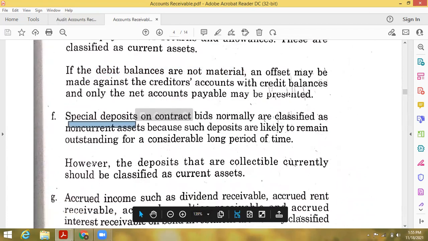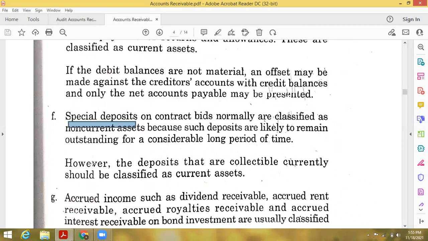So here, you are being taught what to do. In accounting or auditing, you check the classification of the receivable. Is it correct that this is in current asset? Is it correct that it is in non-current asset?